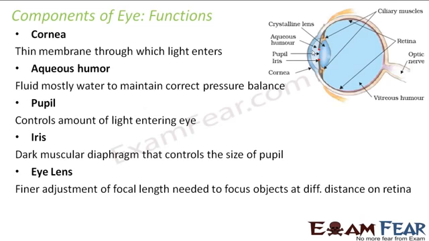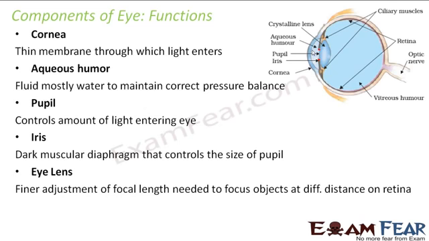Not only image formation, but image formation on the retina. No matter where the object is placed, the image should always be formed on the retina. So how is that possible? You had seen in the previous lesson that as the object distance changes, the image distance also changes. As u changes, v also changes as per the lens formula, right?